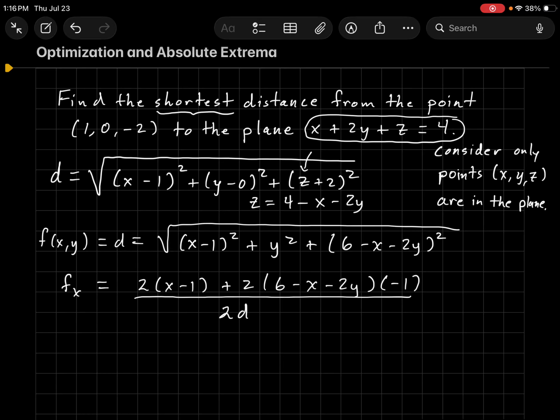I know the denominator is not going to be 0 because the point (1, 0, -2) is not in my plane, meaning I don't really care about the denominator. We'll just set the top equal to 0. I'm not going to show you all the algebraic steps just for the sake of time, but I will write it out for you. If I do this correctly, we end up with 2x + 2y - 7 = 0.